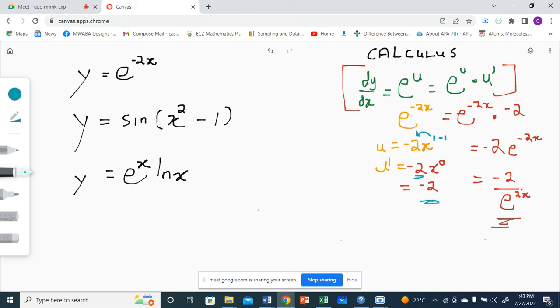So remember the derivative of sine x, or sine u, let's choose u because I like using u a lot. The derivative of sine u is cos u times the derivative of u.